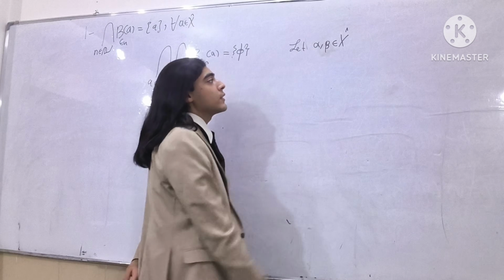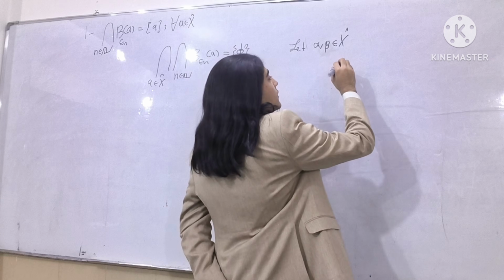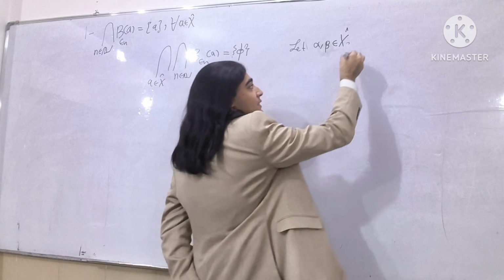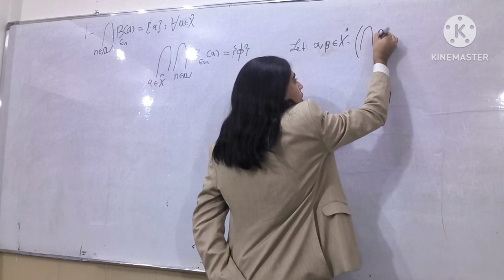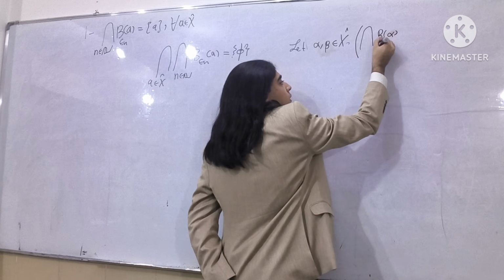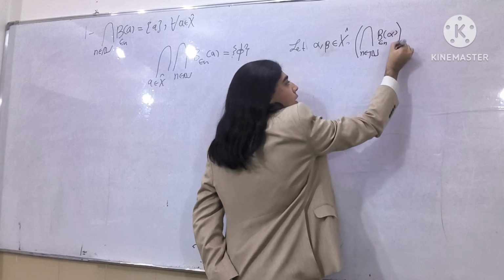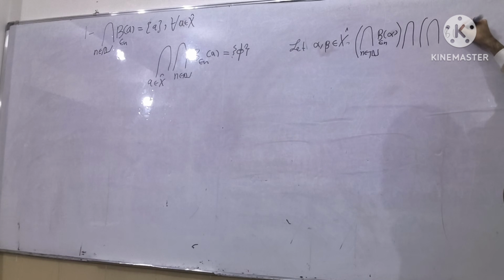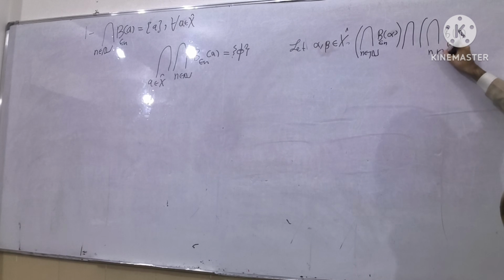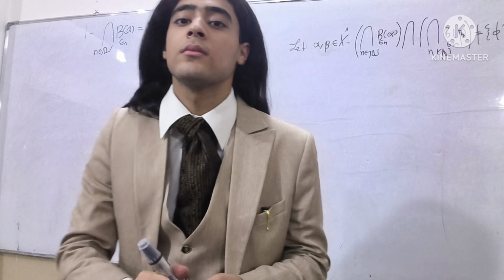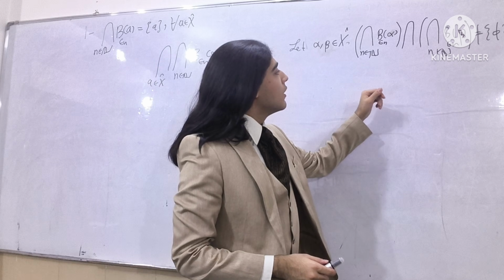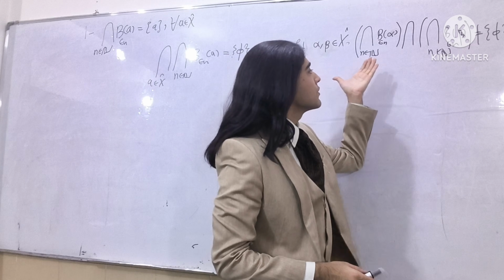So firstly, let alpha and beta be elements of X. I need to suppose that the intersection of the open balls of alpha with epsilon n and the intersection of the balls of beta with epsilon n is not equal to the empty set. So suppose now that Z is an element of this intersection.